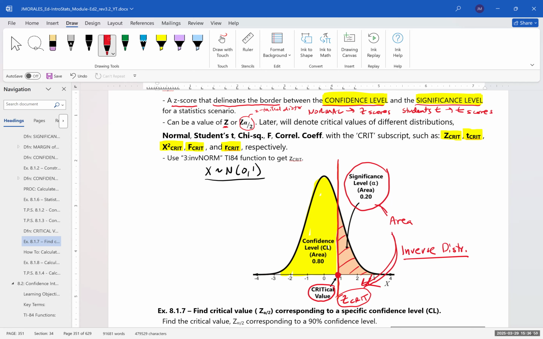If you were starting from some value and you wanted to calculate an area, that's where you would use some kind of CDF function. But because we're interested in going in this direction to get this critical value so that we'll know exactly where the boundary is between these two areas, the confidence level and the significance level, we need to use an inverse distribution function.